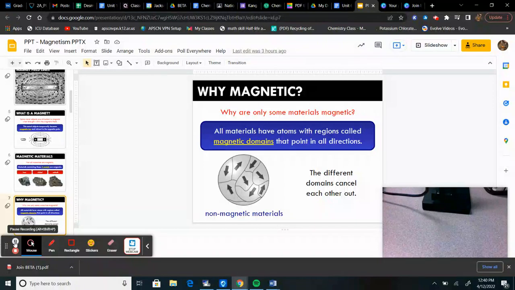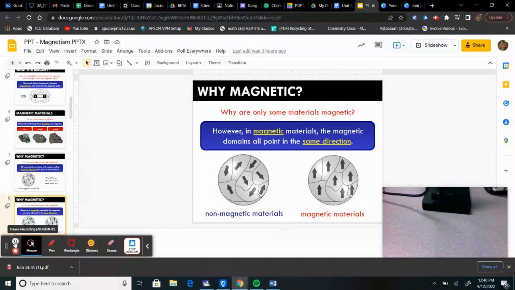And so that's actually going to be your answer for that left side for non-magnetic materials. The different domains will cancel each other out. The arrows are going in different directions. If we have a magnetic material, you will see all of the magnetic domains going in the same direction. And so again, that would be for question number 3 for that magnetic materials box.